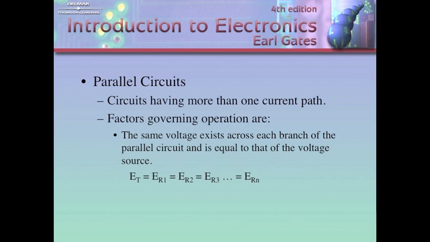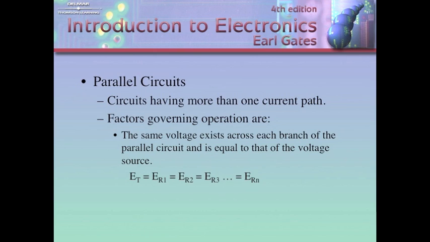Voltage rise has to equal voltage drop. Since the voltage rise is applied in parallel across all these voltage drops, they've got to be the same. In a series circuit, the most important thing was that current is constant. The most important thing about a parallel circuit is that voltage is constant across a parallel network.